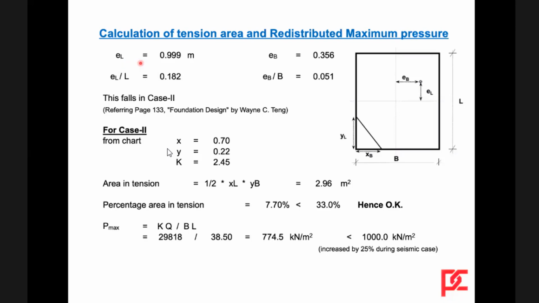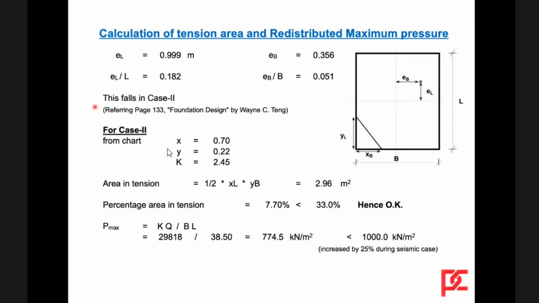We get ML by P is the EL, and EL by L and ET by B. And from this, there is a method given in the foundation design by WC Tang that is being used in our office.